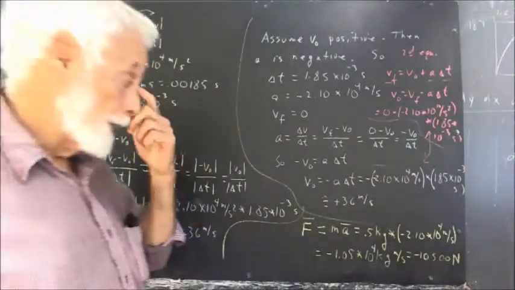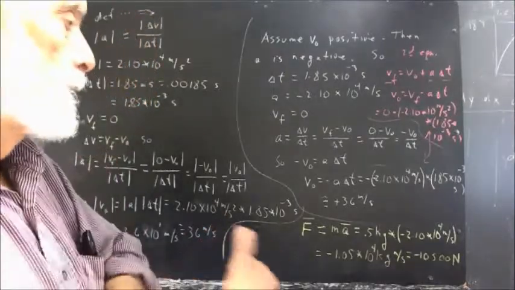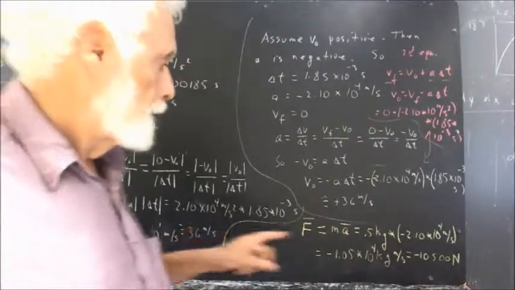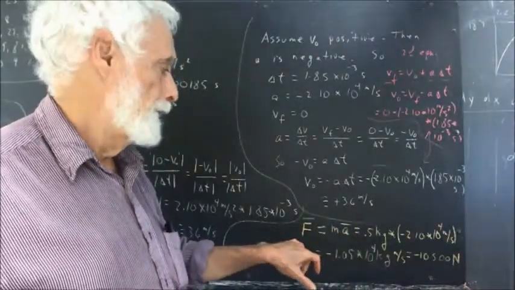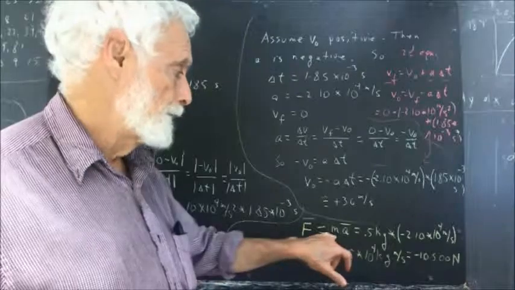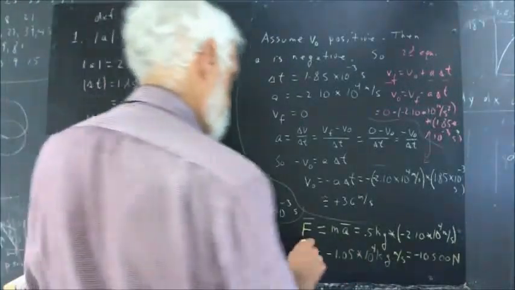Now we're asked to calculate the net force on the ball by the mitt if the mass of the ball is 0.5 kilograms. Now we know that the average net force is mass times the average acceleration, and I guess I should put net down here.